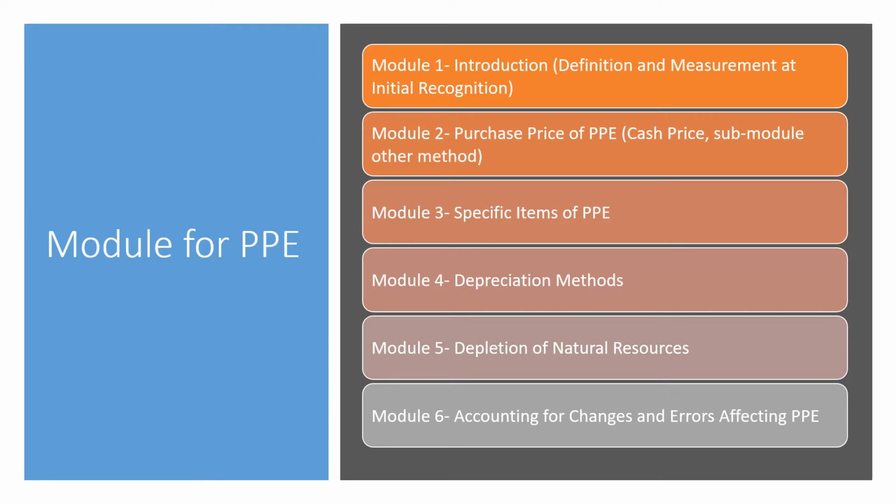Module 4 will talk about the different depreciation methods the company can use. Module 5 is about depletion of natural resources. And lastly, Module 6 will talk about the accounting for changes and errors affecting the property, plant, and equipment.